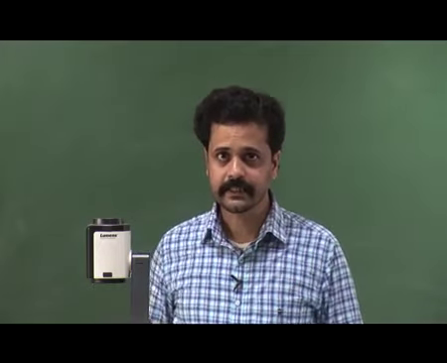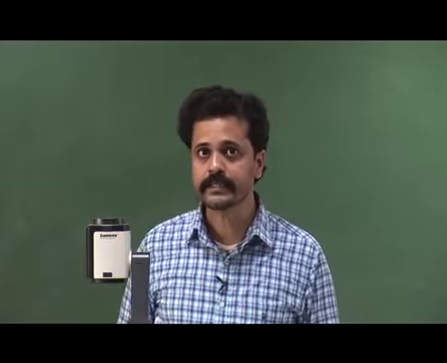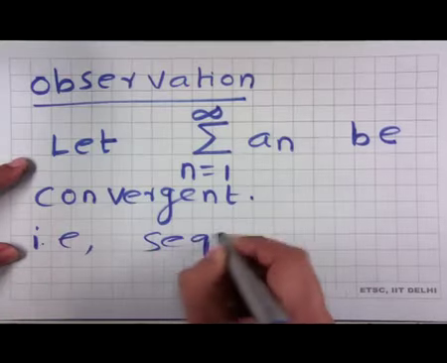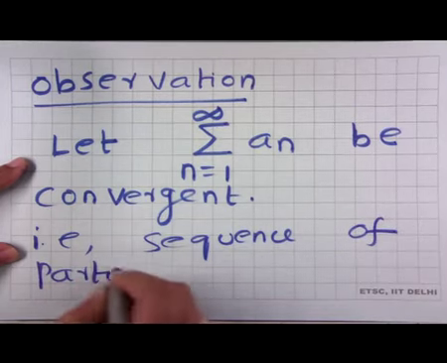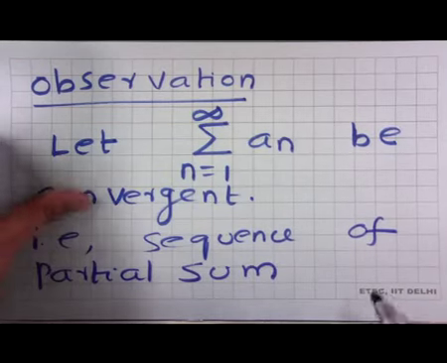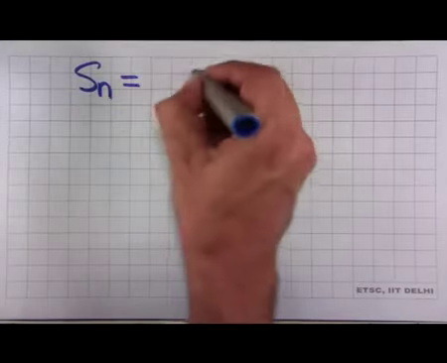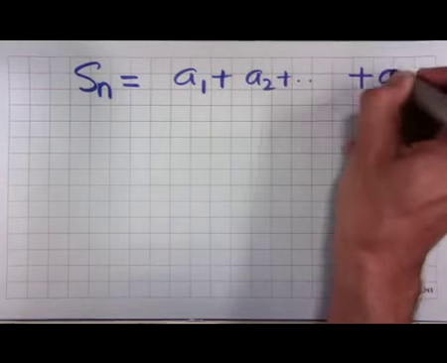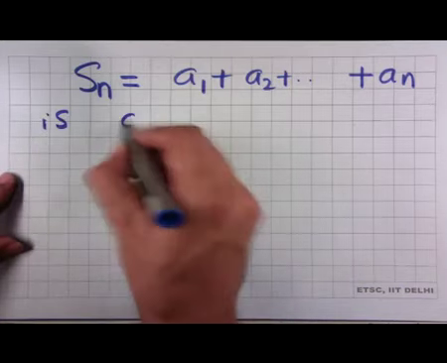In such a case, you know that the corresponding sequence of partial sums, namely Sn equal to a1 + a2 + etc. + an, is convergent.